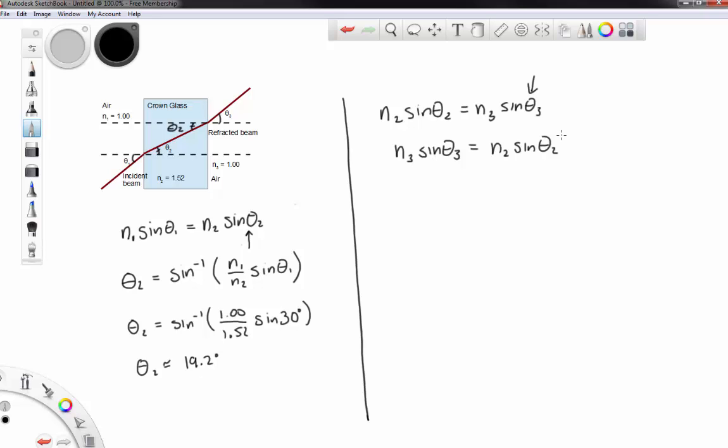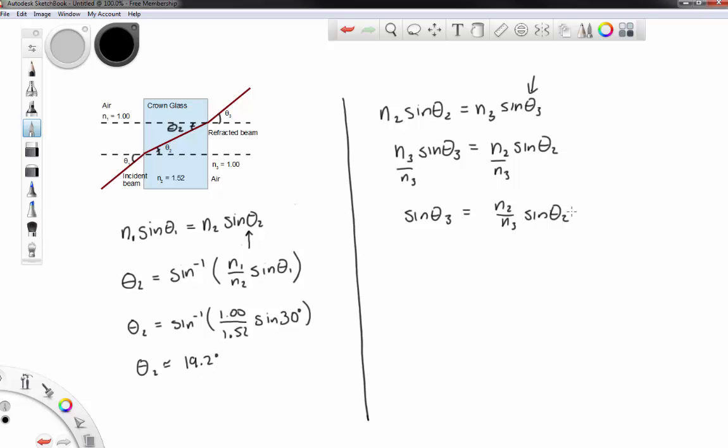Okay, so now we need to divide both sides by n3 in order to isolate the sine of theta 3 term. So now I have sine of theta 3 is equal to n2 over n3 sine of theta 2. So I'm trying to solve for theta 3.